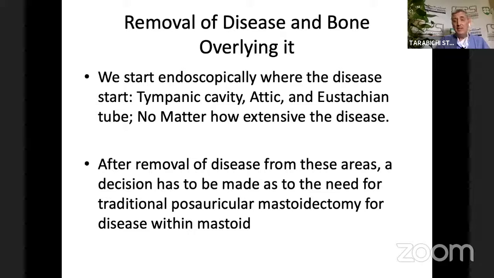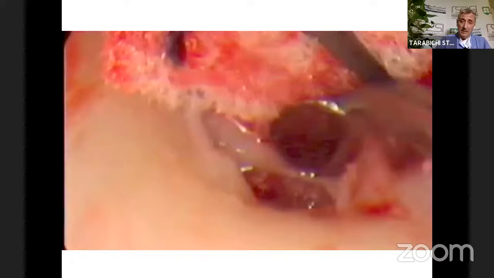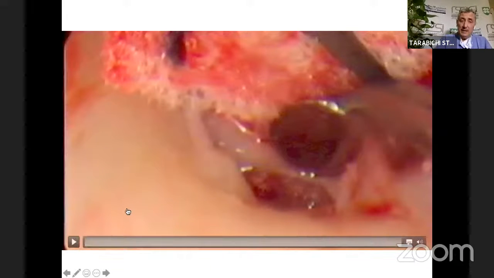All the tympanic cavity is basically an endoscope area, and the postauricular area, or the mastoid, is a microscopic area. So we leave it to the end, because it is by far the least important, I think.